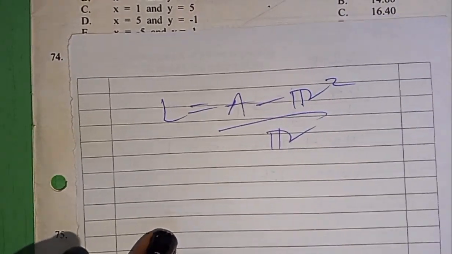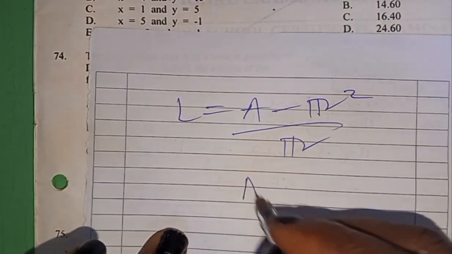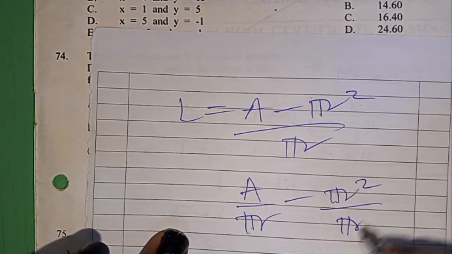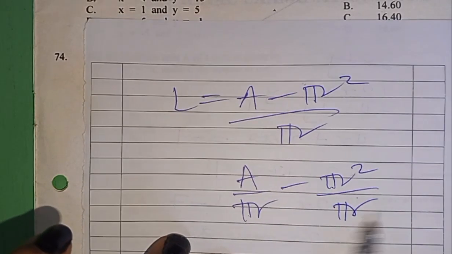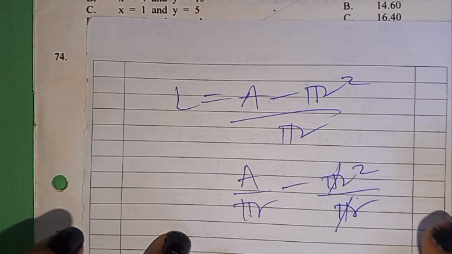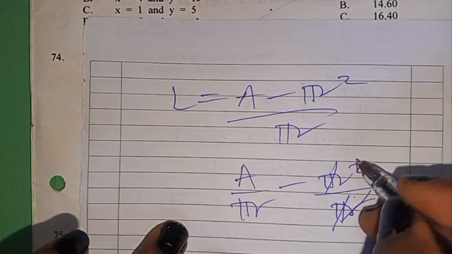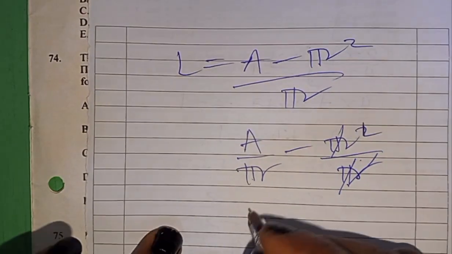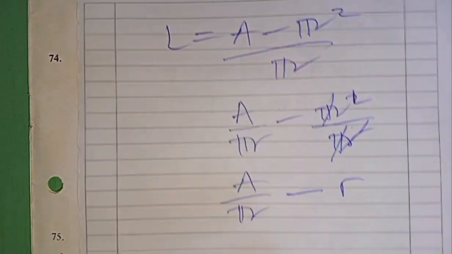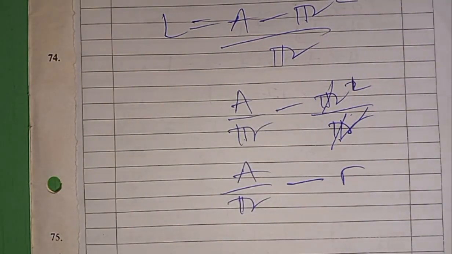I can go further by dividing them individually by the denominator. So this pi will cancel this one, and this r will cancel one of these r's. So I have A over pi r minus r. That's another way of getting the answer.